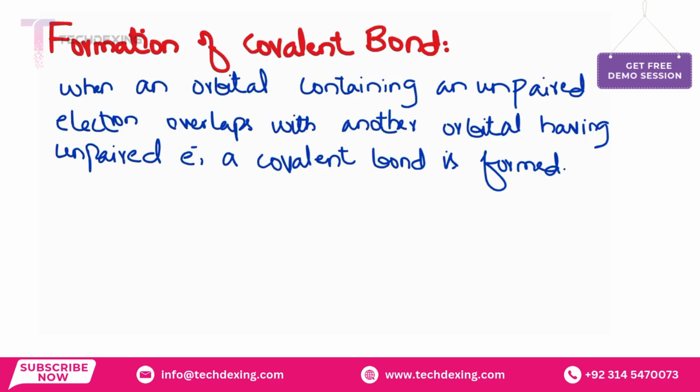They have to share a pair of electrons with another unpaired electron. It cannot be an electron that has a full shell. Right. So there must be two atoms with an unpaired electron in their orbital. It is the only condition in which a covalent bond can be formed, right?